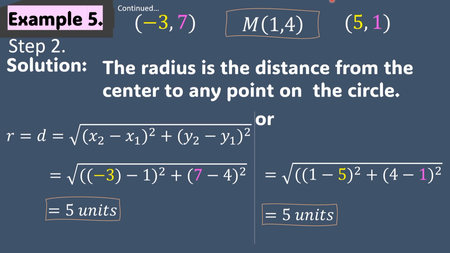The other solution to get the distance is by using the second endpoint and M, the midpoint. Substitute the given values into the distance formula, that is equal to the square root of (1 − 5)² + (4 − 1)², that is equal to 5 units.